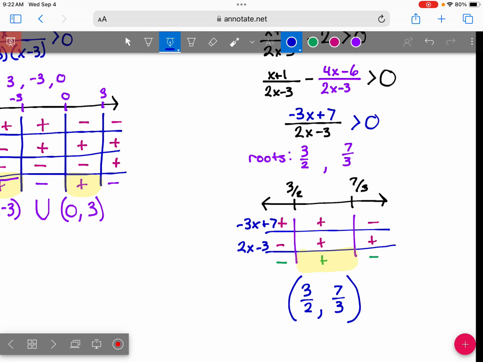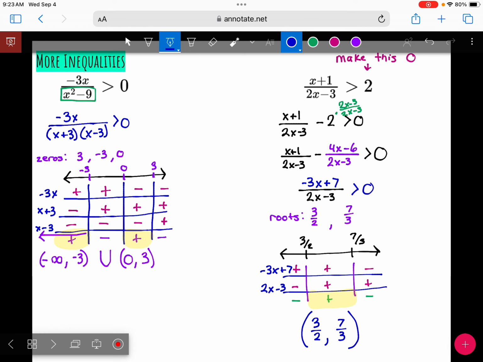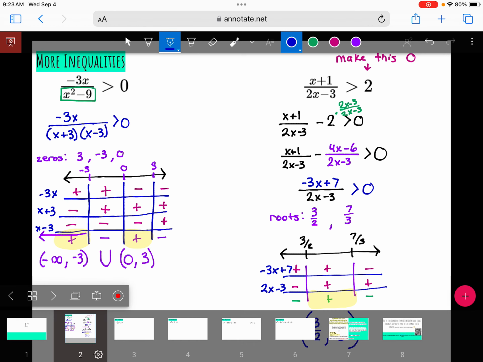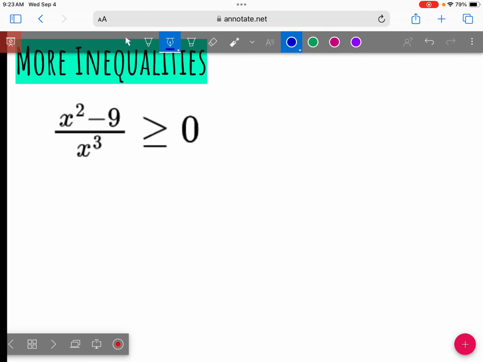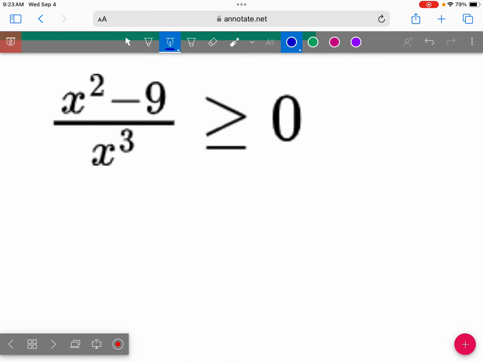Okay. Ready? Yes, I'm proficient. Let's look at this one. Oh no. That's 2x. X squared minus 9 over x cubed.